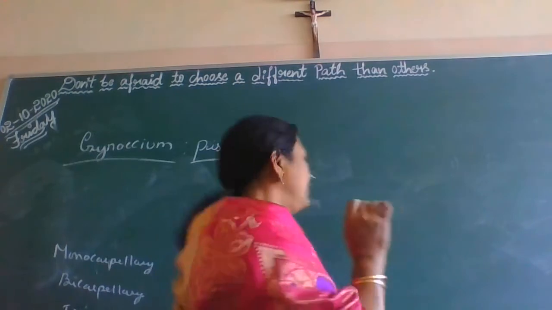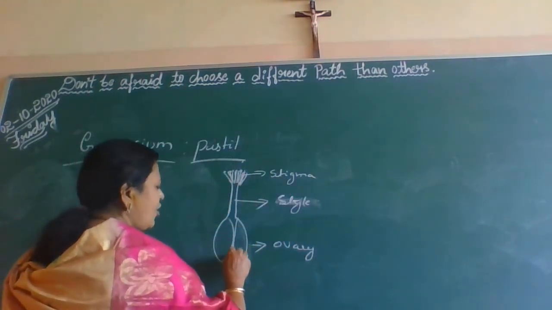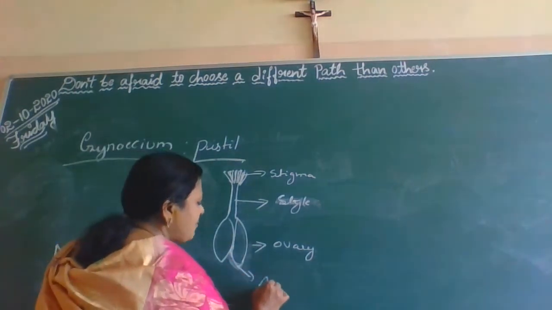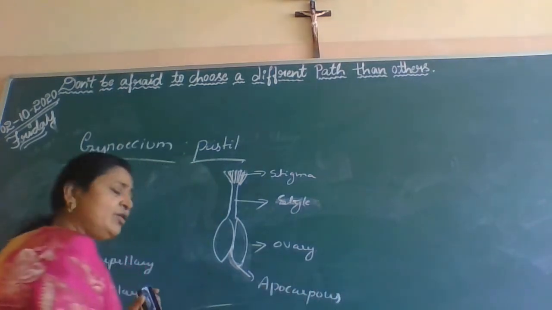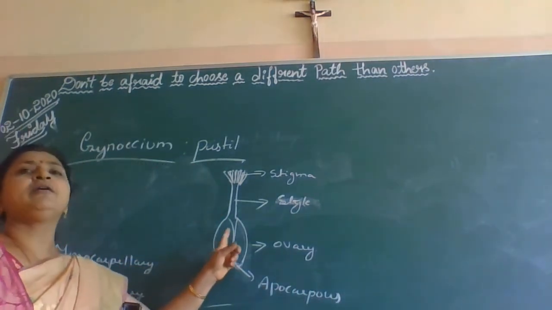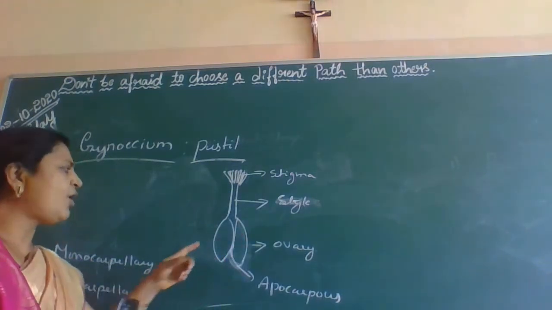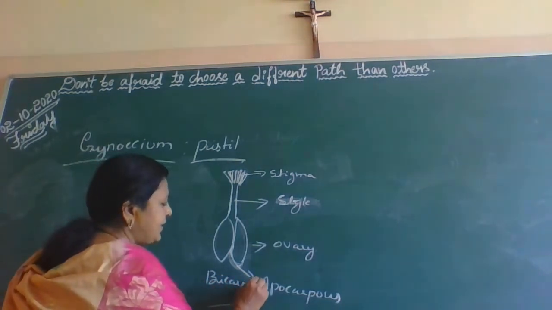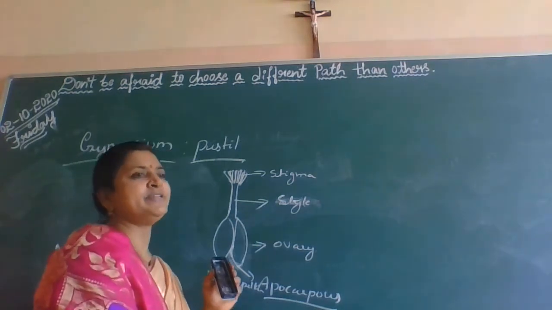When the carpels are free like this, it is called apocarpous. That means, look here, how many carpels can we observe? Ovaries 2. Therefore, it is called bicarpellary, apocarpous condition.